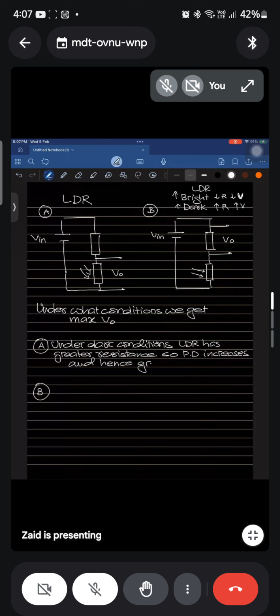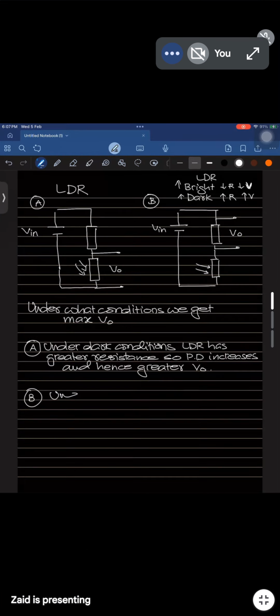Okay. Scenario B, we want lower resistance from the LDR, because your fixed resistor will have a greater voltage only when the LDR has a lesser voltage. So under bright conditions, the LDR has lower resistance.